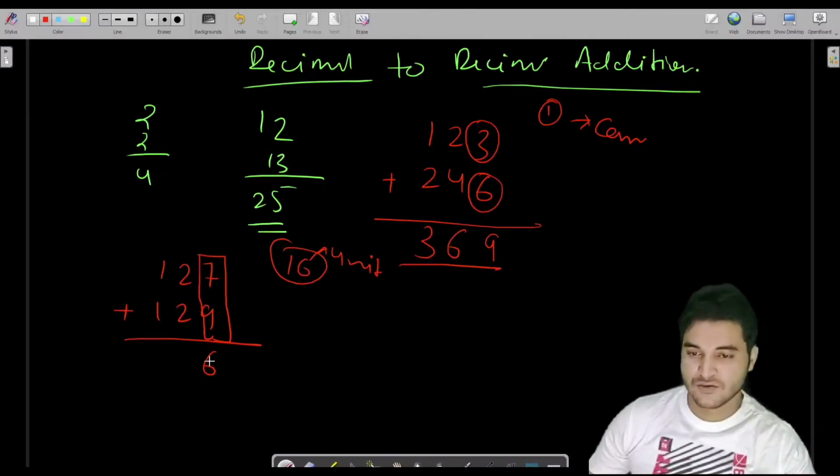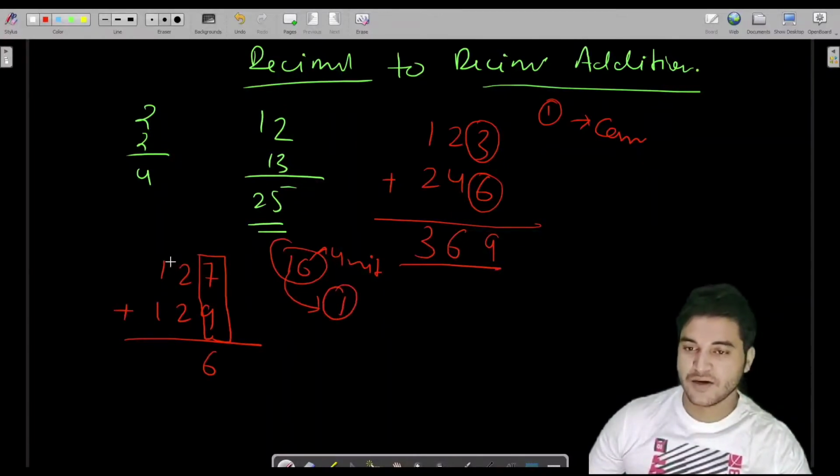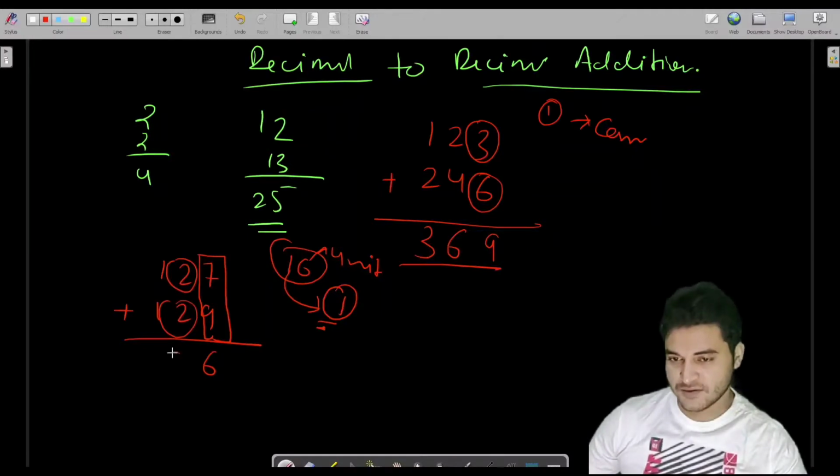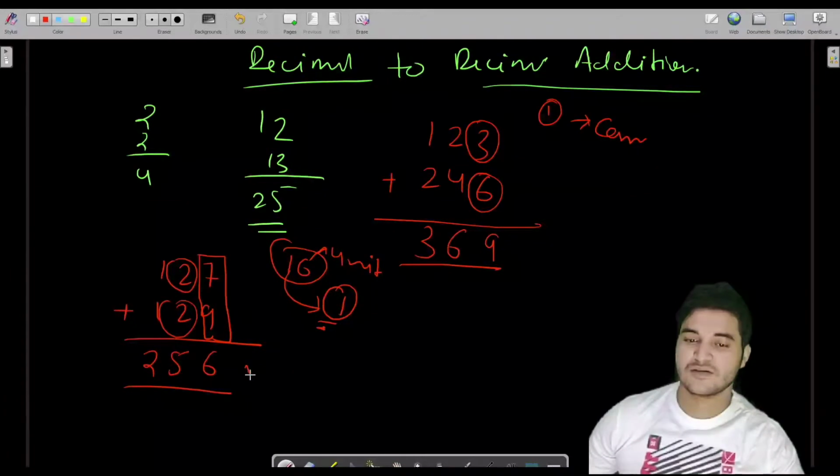So we would write 6 here, and we would take 1 as the carry, and when we are adding the next two digits, we would include the carry. So 2 plus 2 is 4, plus 1 is 5, 1 plus 1 is 2. So we would get this result.